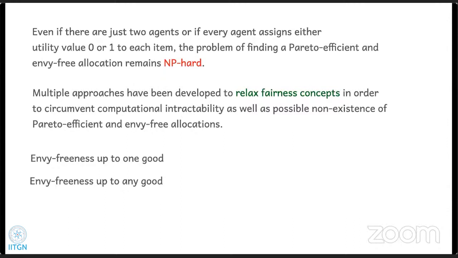Pseudo polynomial because the utilities are represented in binary, so it's polynomial under the assumption of unary representations. I believe it's still open to figure out if you can get EF1 and PO in truly polynomial time. So again, I would appreciate a confirmation in case I got that mixed up.